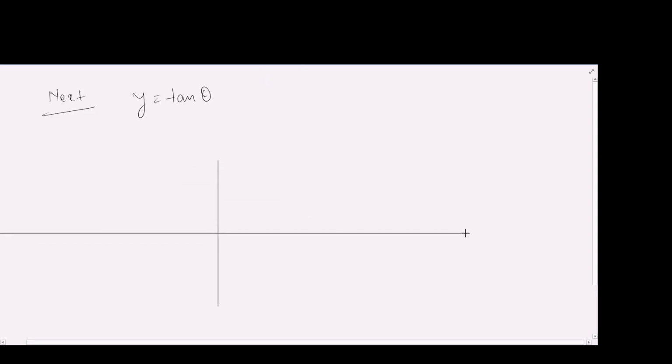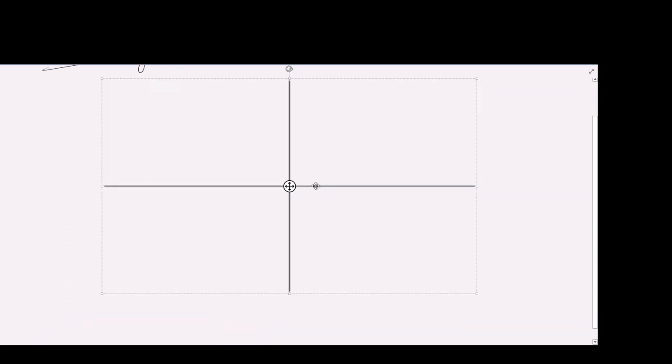So next we will draw the graph of y equal to tan theta. So we will first plot the shape, and then we will mark the points. This is y-axis and this is x-axis.